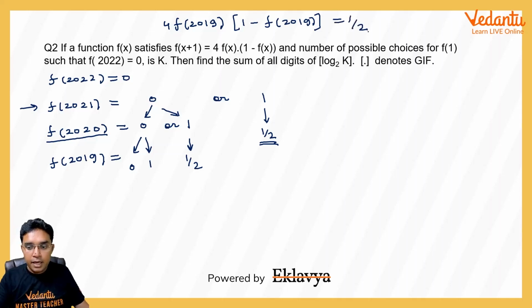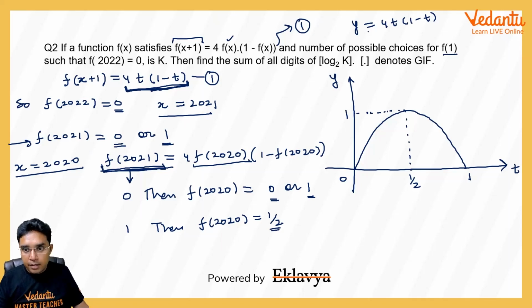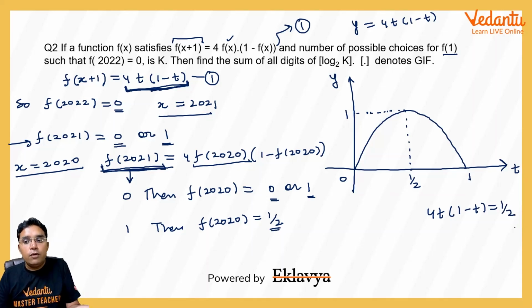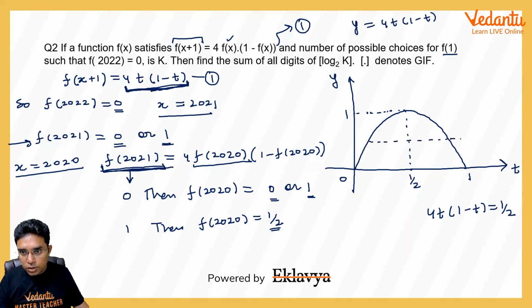Now please see, I will try to solve this using the graph. It is like 4 times t into 1 minus t equal to half, and we are looking for what my t will be. If I draw a line parallel to the x-axis, whose equation you can call y equal to half, you can see we will be getting two values of t.